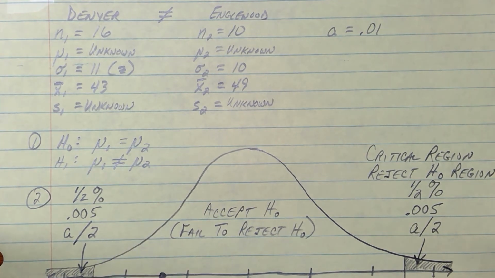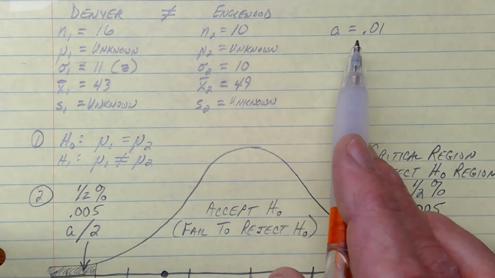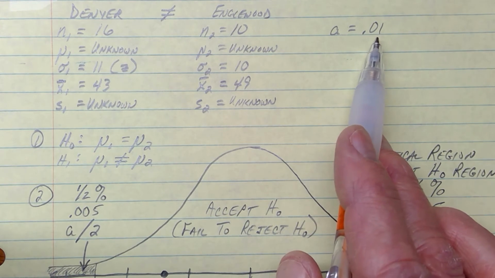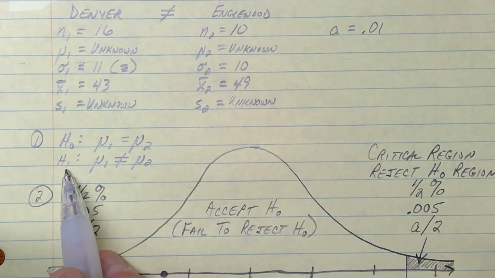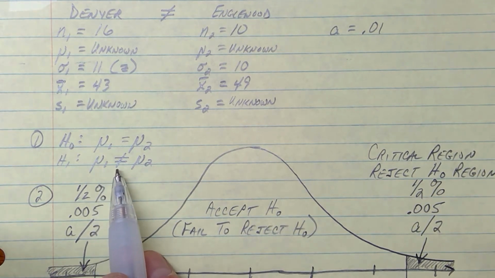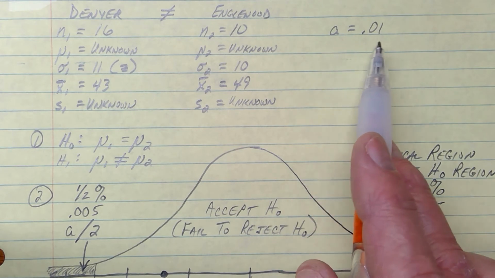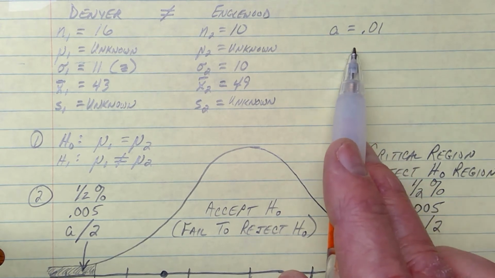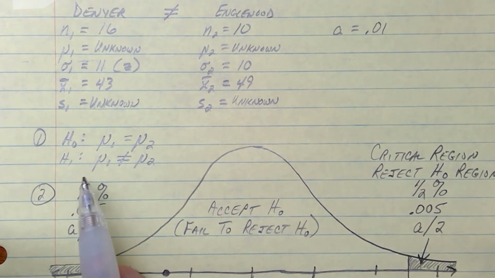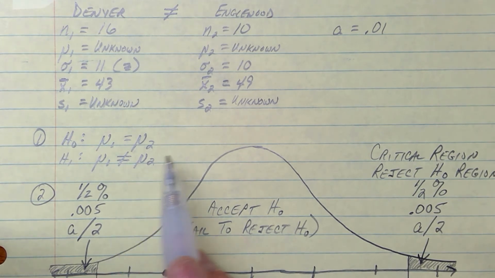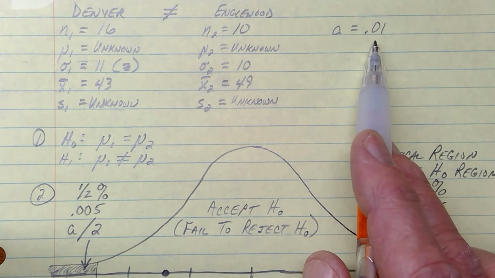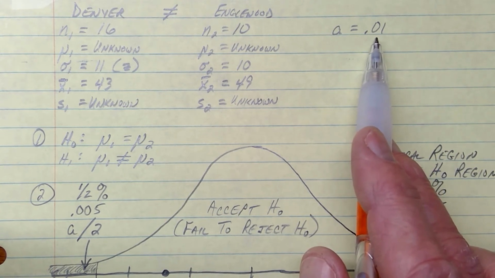All right, if my alpha level is 1% on my challenge, that group 1 is significantly different from group 2, I need to shade 1% of the curve. Not equal means a two-tailed test, so I need 1% of the curve shaded, but I need to split this exactly in half.